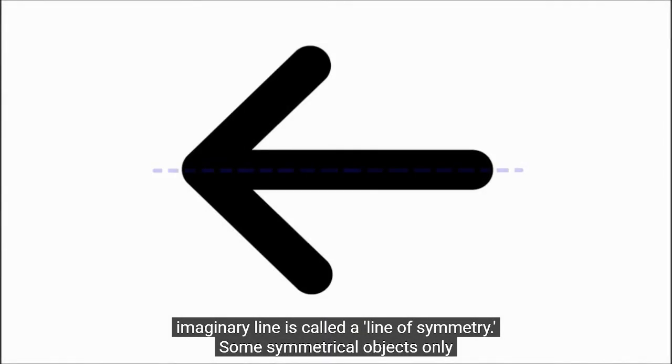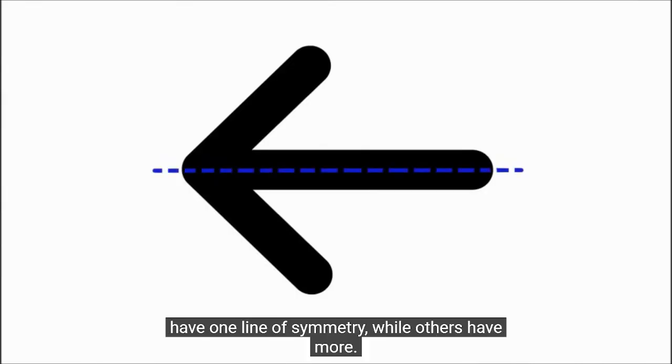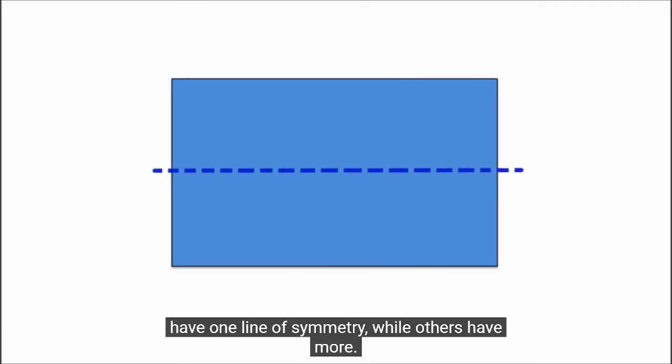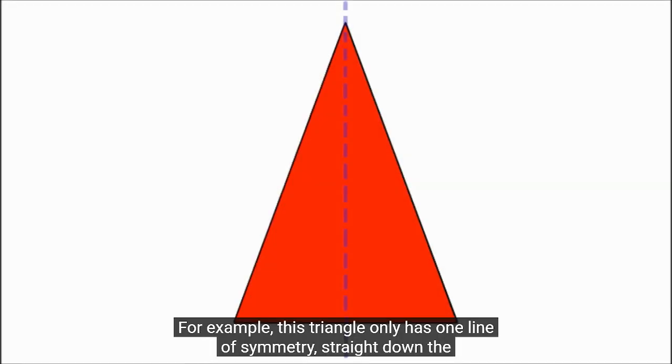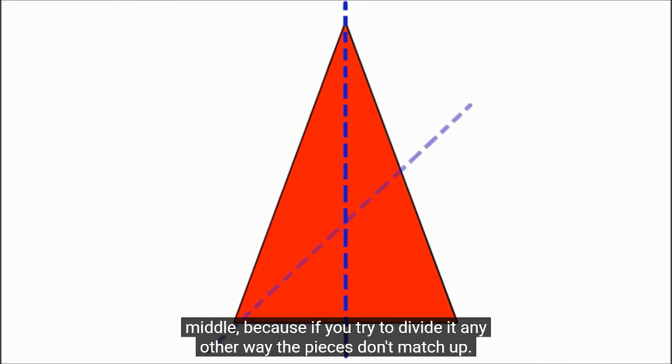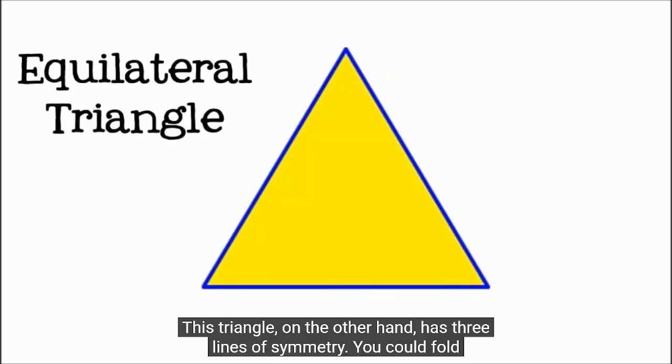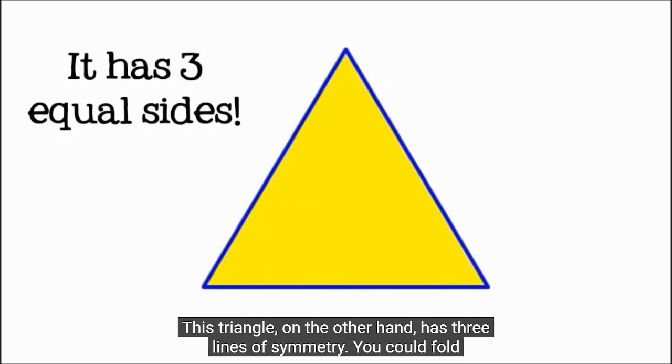Some symmetrical objects only have one line of symmetry, while others have more. For example, this triangle only has one line of symmetry, straight down the middle, because if you try to divide it any other way, the pieces don't match up. This triangle, on the other hand, has 3 lines of symmetry.